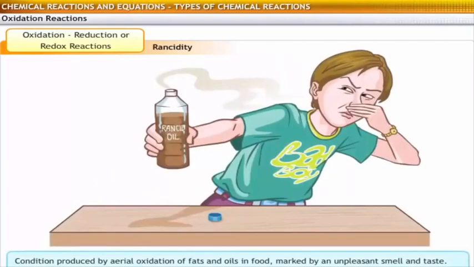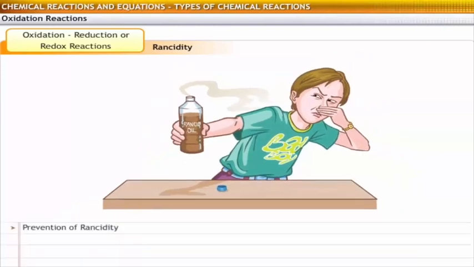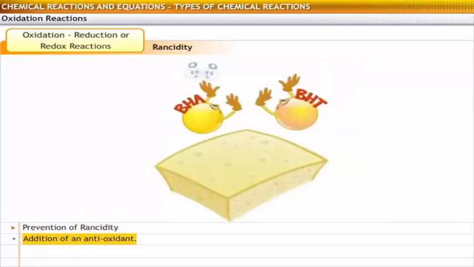Rancidity is the condition produced by the oxidation of fats and oils in food. It is marked by an unpleasant smell and taste. Two ways to protect food from rancidity are addition of an antioxidant. An antioxidant is a substance that prevents oxidation.